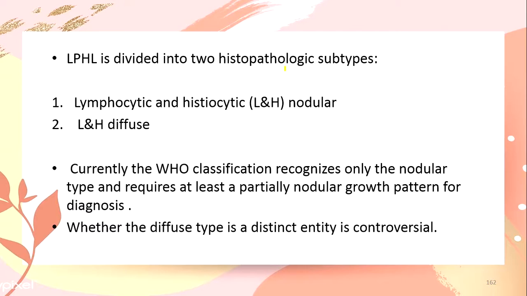It is divided into two histopathologic subtypes, lymphocytic and histiocytic nodular, and L and H diffuse. The WHO classification recognizes only the nodular type and requires at least a partially nodular growth pattern for diagnosis.